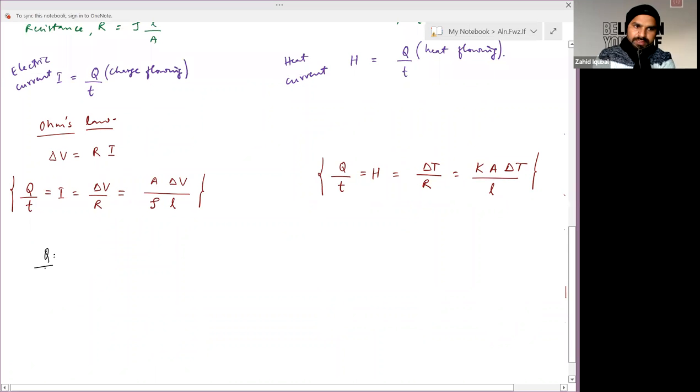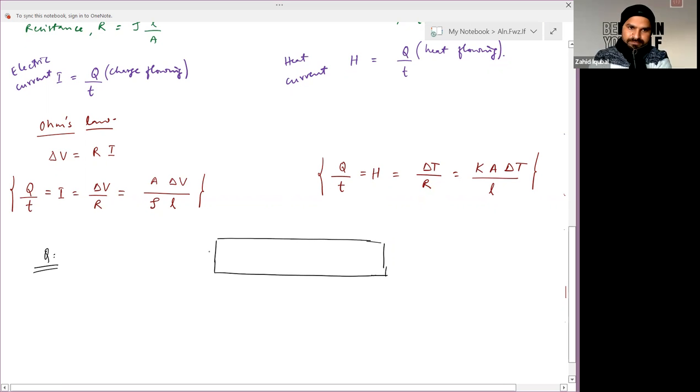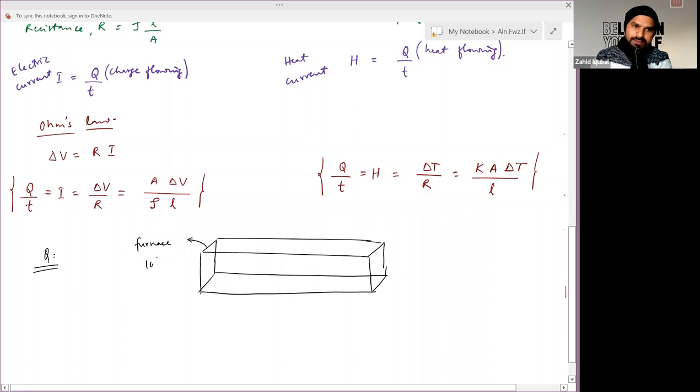Now let me give you a question related to this part. Suppose you have a rod. This end is connected to a furnace at 100 degrees Celsius.